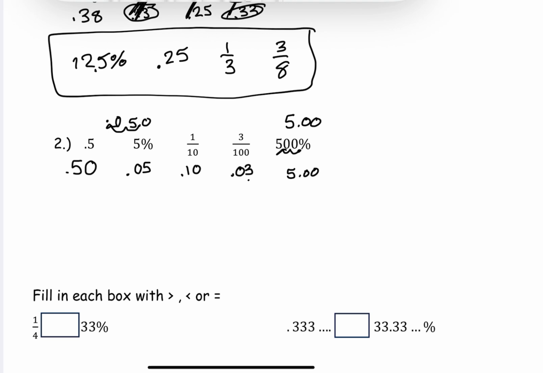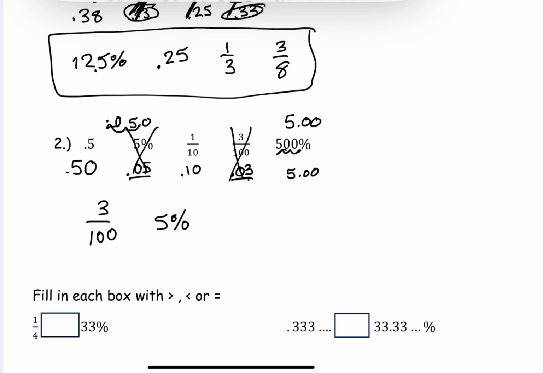So if I look for the smallest amount of money, this is 3 cents. That's the smallest amount of money. And that was 3/100. So that one goes first. Now I have 5 cents, 10 cents, 50 cents, or $5. 5 cents comes next. And that was really 5%. That one's done.